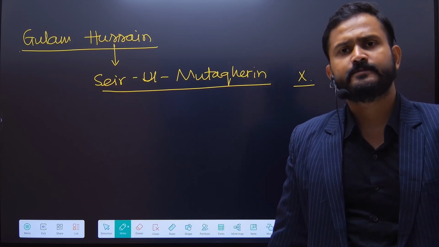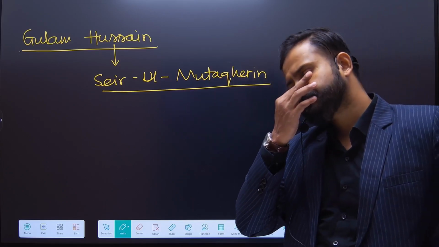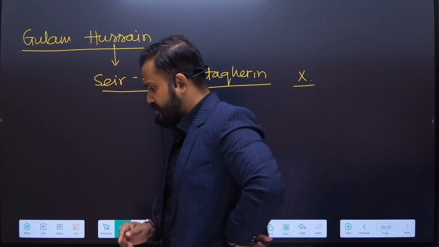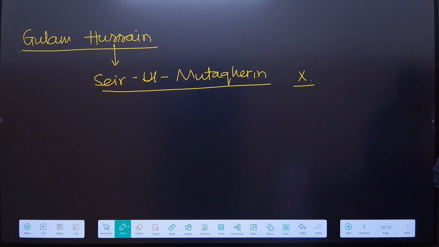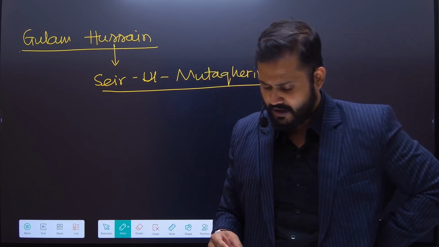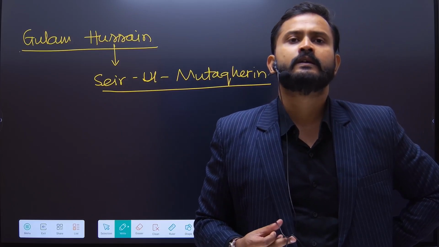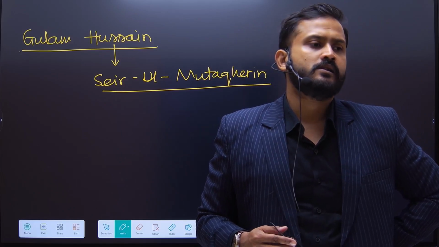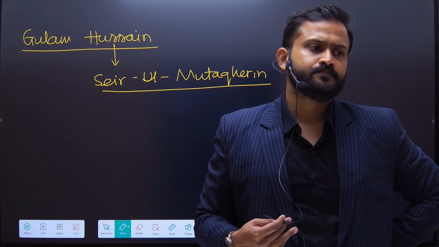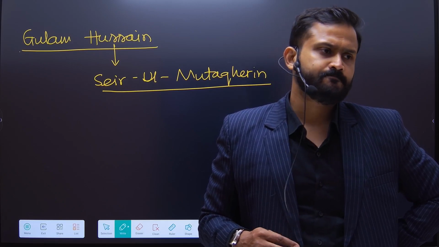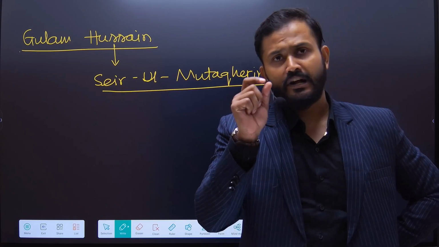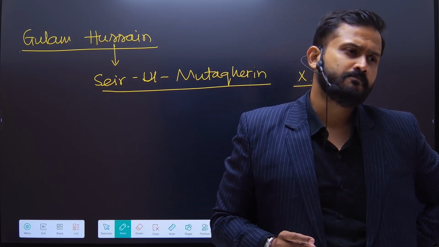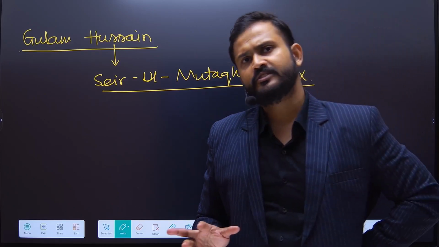Next point. Immediately after, the British under the leadership of Clive, that is Robert Clive, defeated Siraj, and the Treaty of Alinagar was signed.